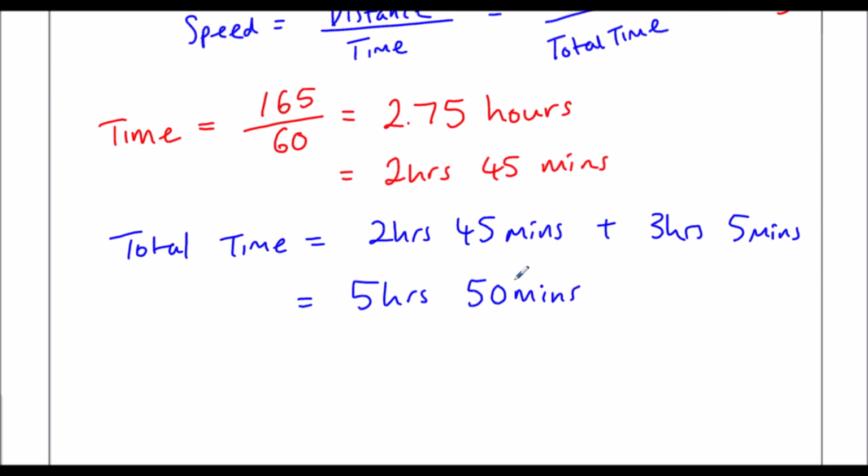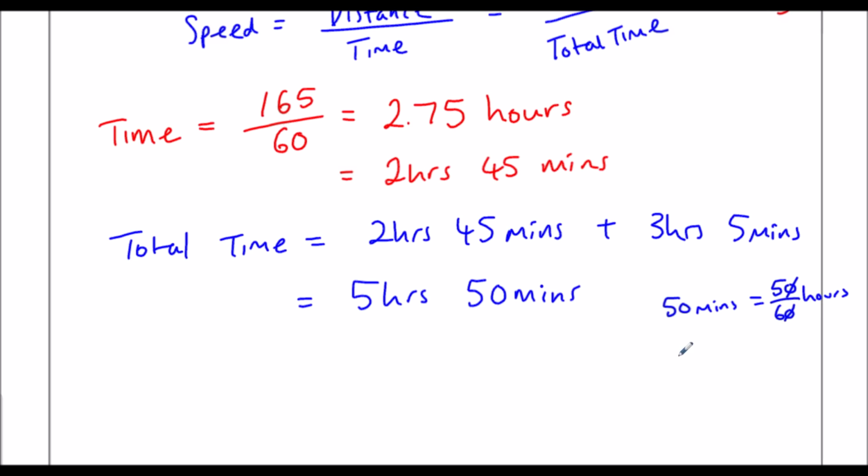So if we were to change this into hours, we'd say 50 minutes is equal to, and in an hour there are 60 minutes, so it's 50 over 60 hours, or 5/6 of an hour.